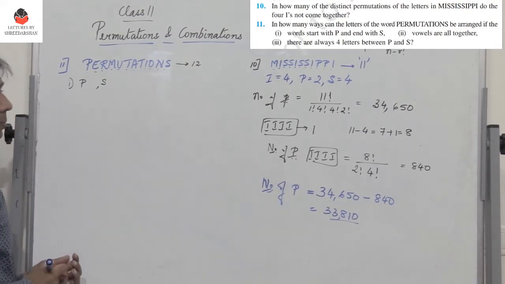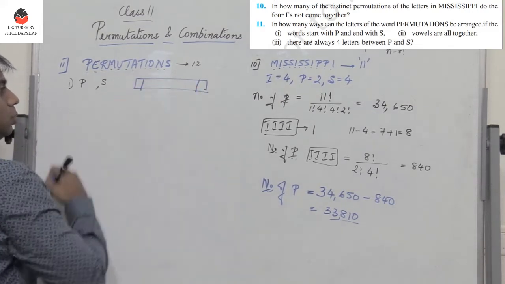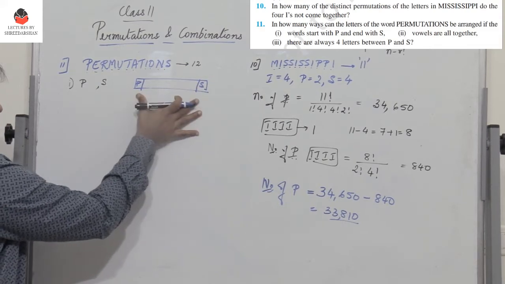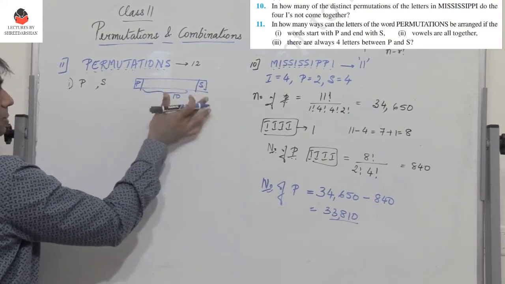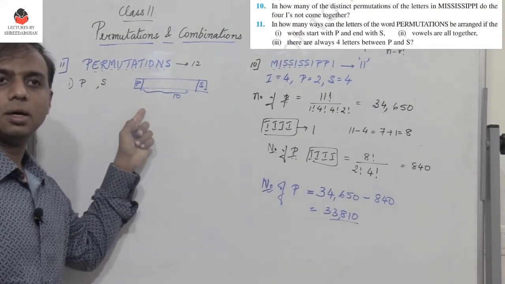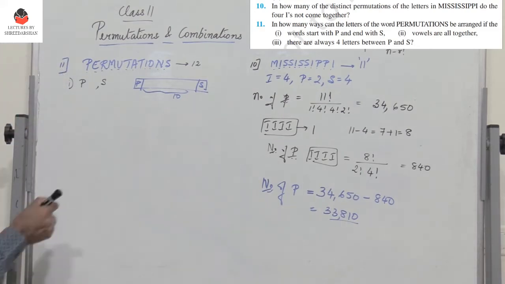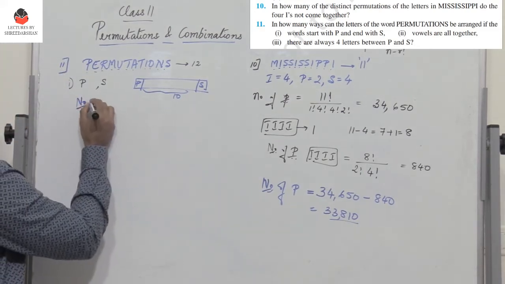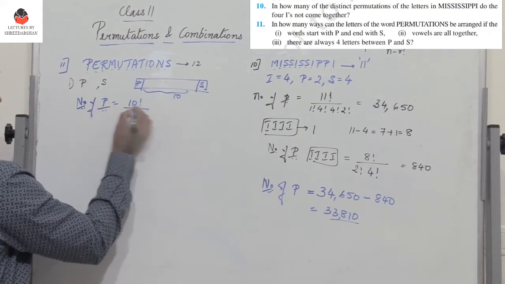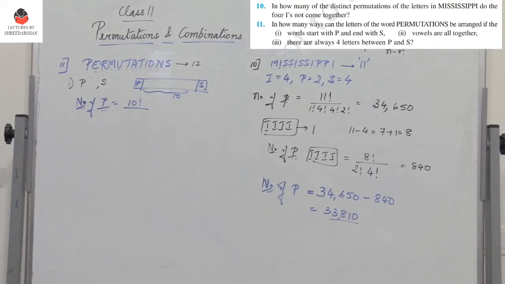Now I need to consider again a word with 12 characters where the first one is P and the last one is S. It's fixed. And then you have 10 in between. So P and S, there's only one possible way, because the first character has to be P and the last has to be S. So the number of permutations here is going to be 10 factorial divided by, so here let us try to find out if there are any alphabets which are repeating.